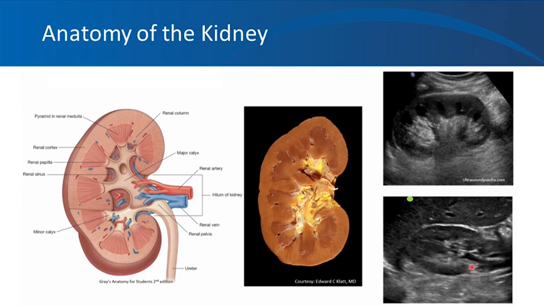It's well defined because of the capsule, and hypoechogenic cortex, and medullary pyramids not very clearly visualized here. And you have echogenic sinus fat and the collecting system here. This tubular structure that is anechoic is most likely a blood vessel and not ureter, because ureter is rarely visualized unless there is hydronephrosis.